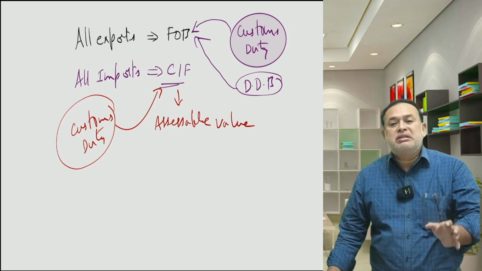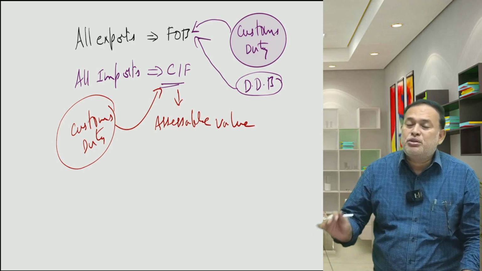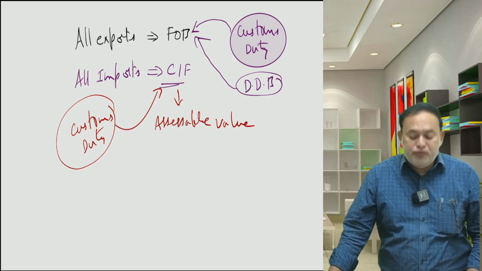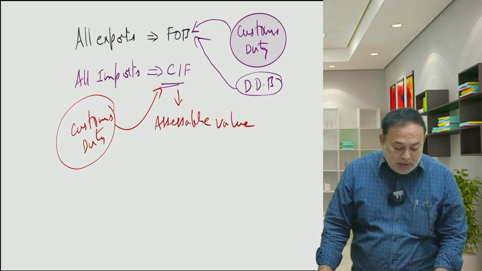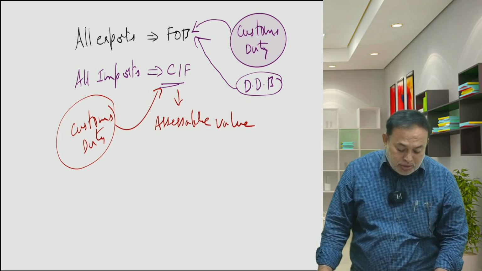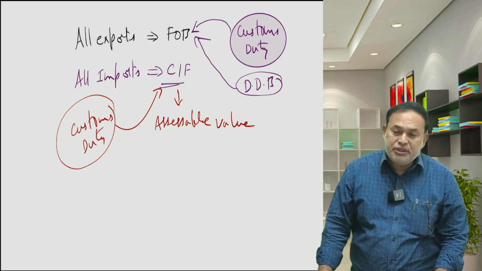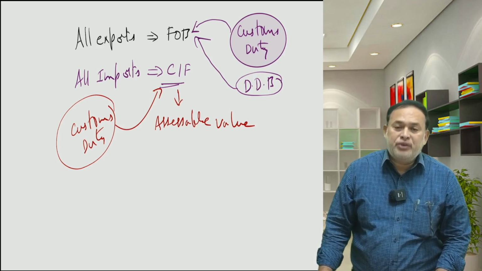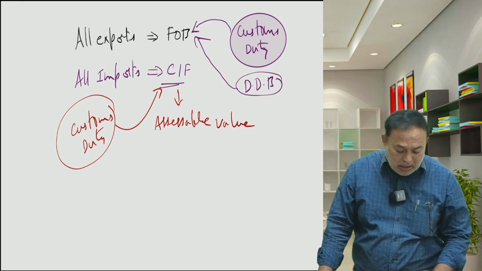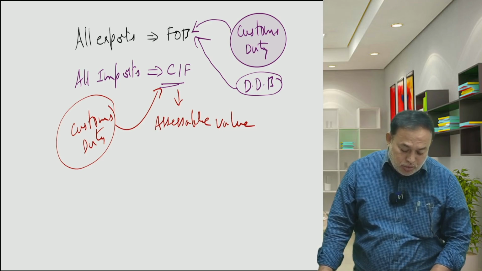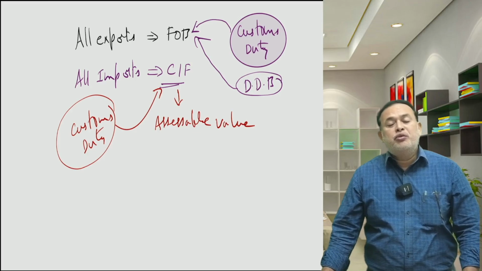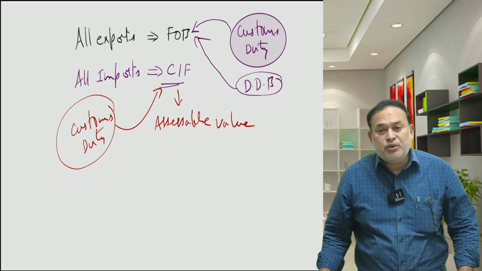All our imports are measured at CIF value, all our exports are measured at FOB value. It's a basic concept. When we talk about value of import, the import valuation for our customs duty purpose is at CIF value. All our imports are undoubtedly subject to import duty, which you should understand, except where a specific notification providing exemption is in force at the time of import.